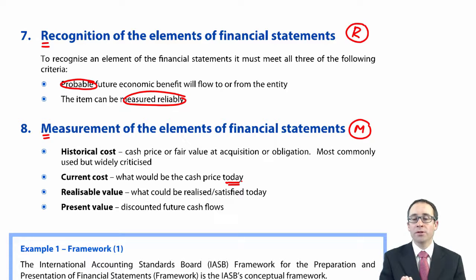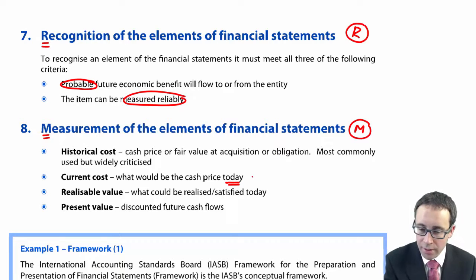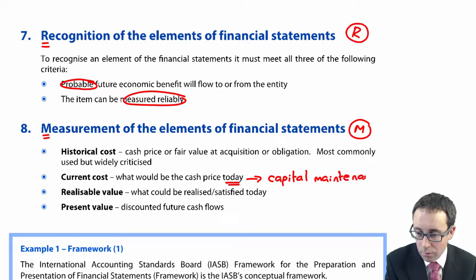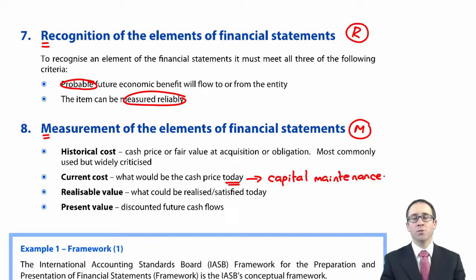So maybe what you might want to do is update that cost for what it currently would be paid for today. So if you like incorporating inflation, and we'll touch upon it after the examples, is whereby we think about a concept of what is referred to as capital maintenance. You want to update your historic cost to reflect current cost to give you a fairer presentation of the results that we have within the financial statements.